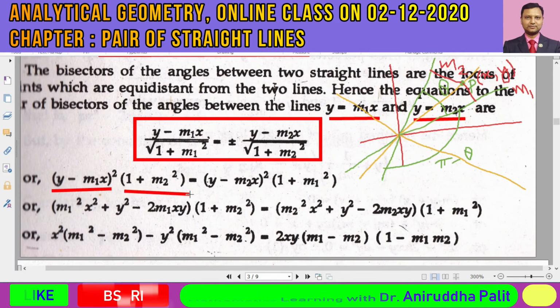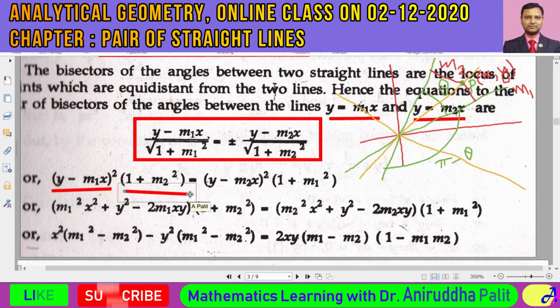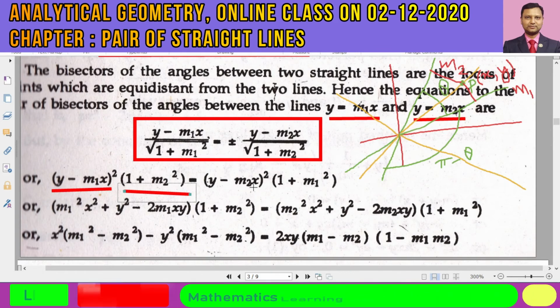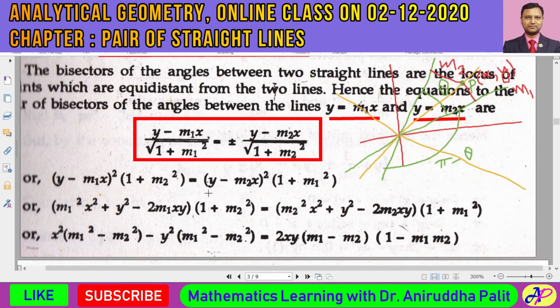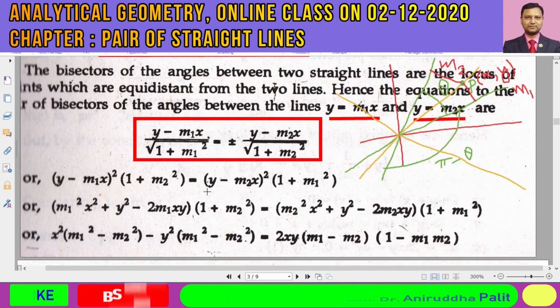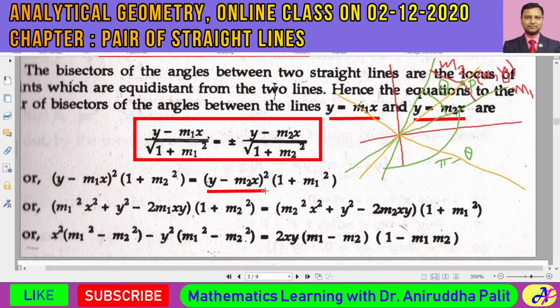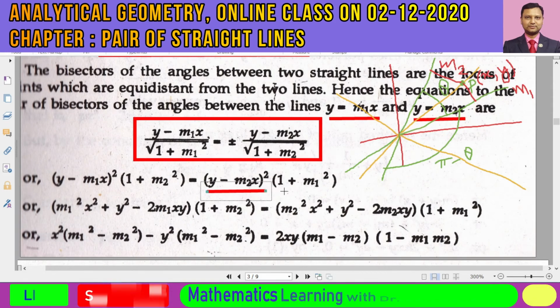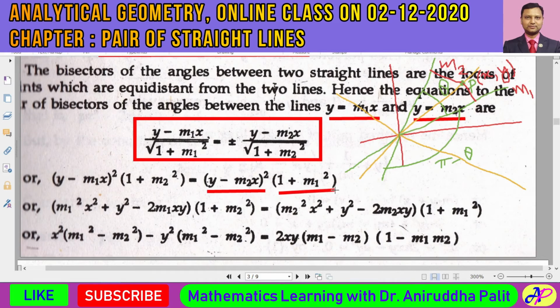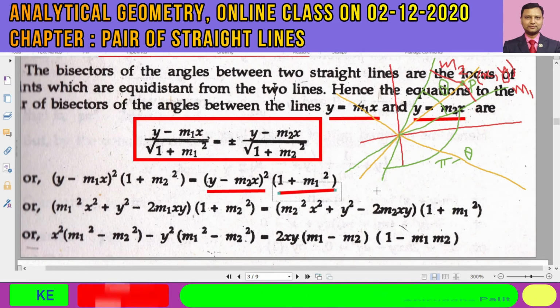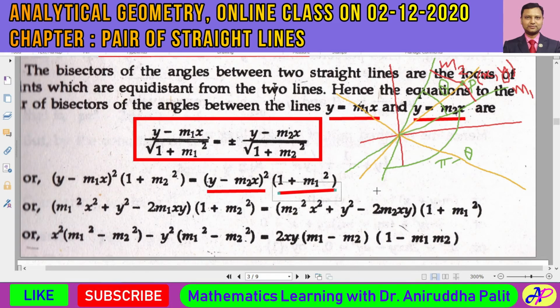This is the expression multiplied by 1 plus m2 square. Similarly, the second part is y minus m2x whole square, with the other cross multiplication, multiplied by 1 plus m1 square. Clear? So that is the result.